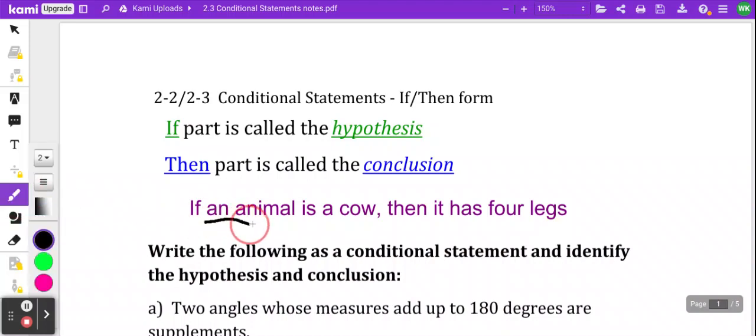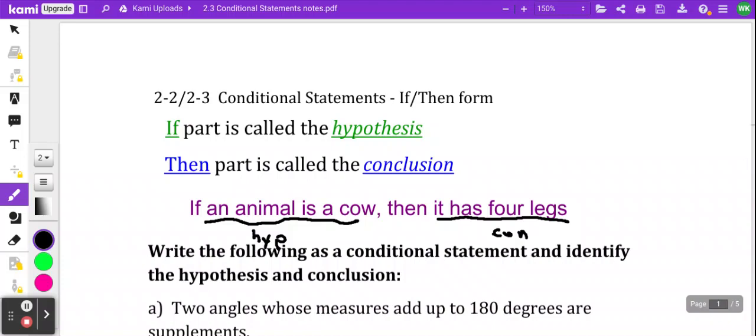So this part is called the hypothesis, and the second part is called the conclusion. In this lesson, I will teach you how to write conditional statements, converse, inverse, and contrapositive. And then in class, we'll discuss whether the statements are true or false.